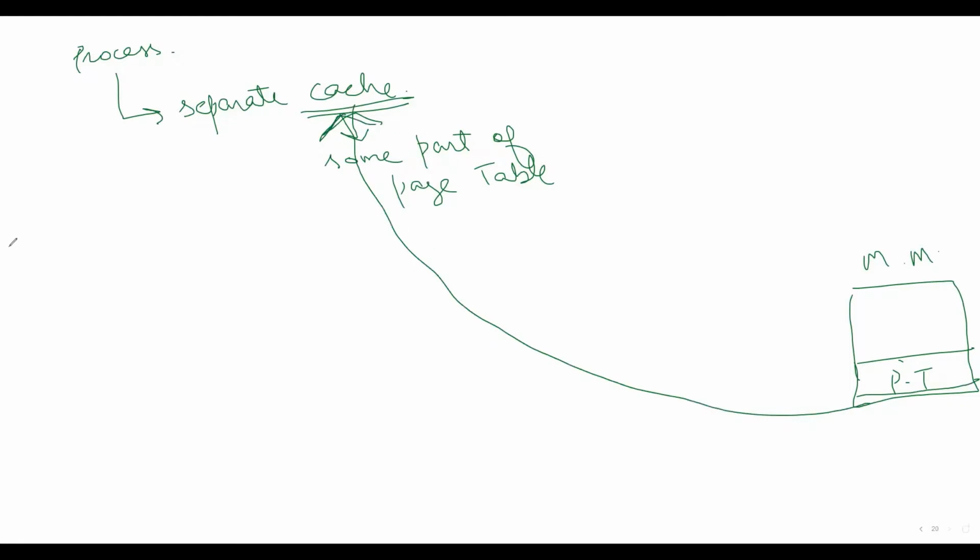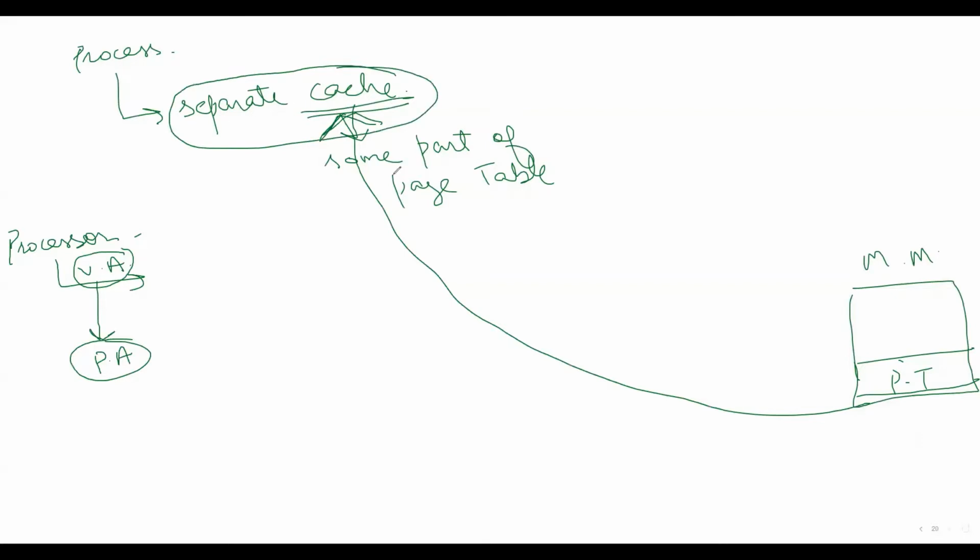Now, when my processor is sending a virtual address, from this virtual address we need to get the physical address. To get the physical address, we have to access the page table, and the page table is in main memory, but some part of the page table is in this separate cache. So instead of accessing the memory, we will access this cache, and we will check whether that part of the page table is present in this cache or not.